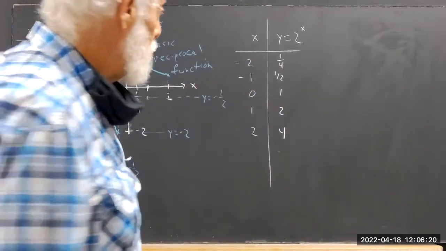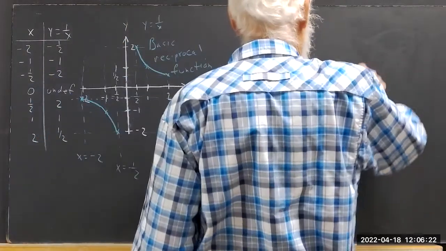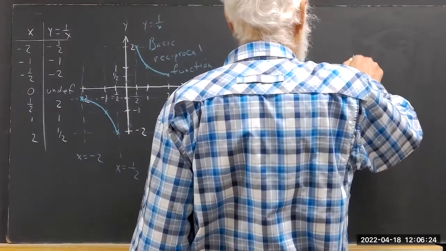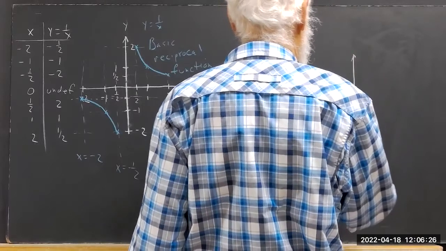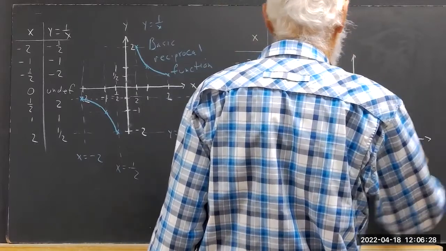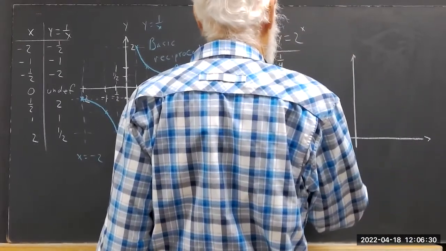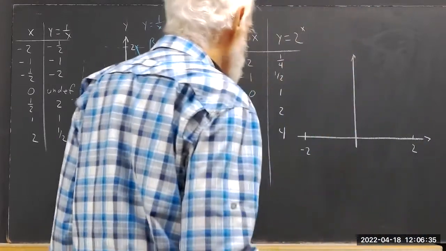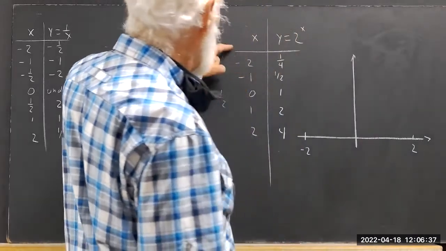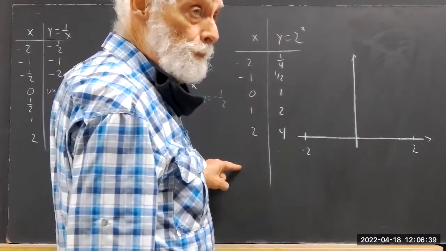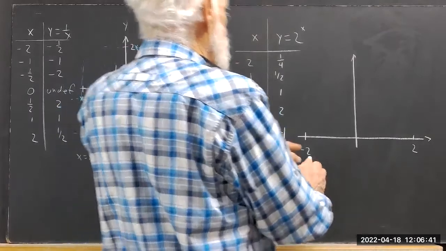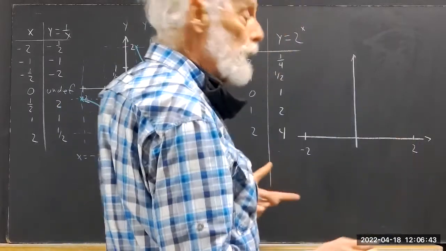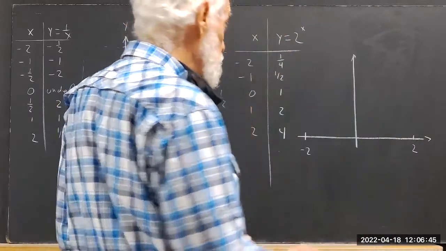And that's pretty easy to graph. So I'm going to put -2 here and 2 here. Because our x values go from -2 to 2. We call the interval from -2 to 2 the domain. It's a set of all possible x values.